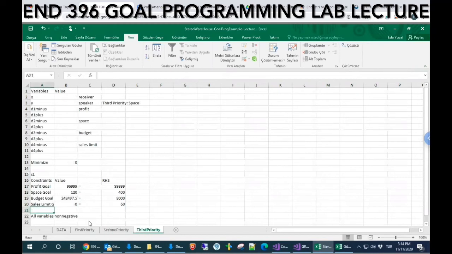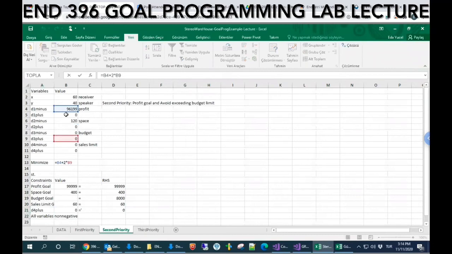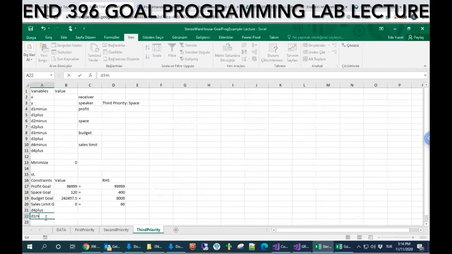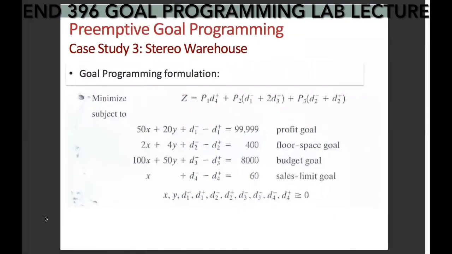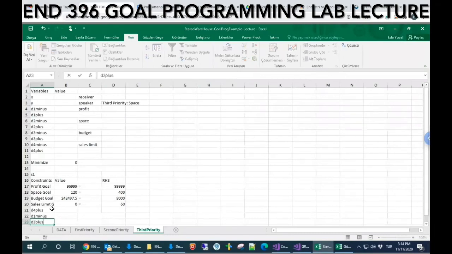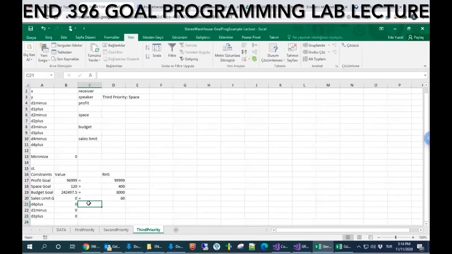For the first one, we should set D4 plus, right? For the second one, the deviation variables we have obtained are D1 minus and D3 plus. So D4 plus, D1 minus, D3 plus, okay? And again, these should be equality. Let me copy this.